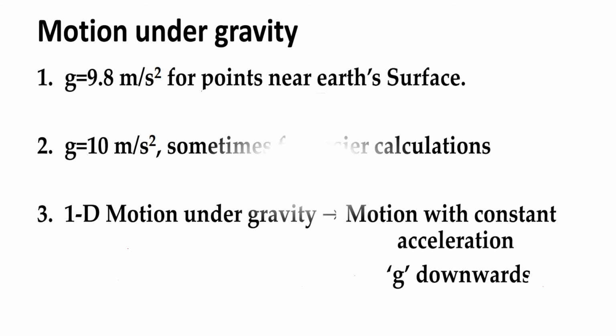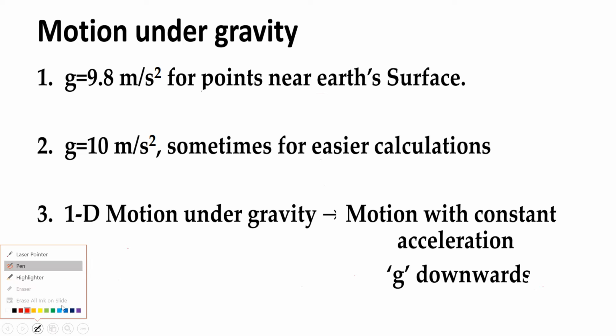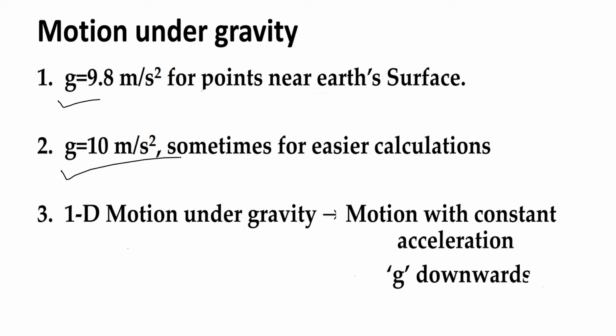Okay, so now let's come to the motion under gravity. Now let's come to the last topic of today's class, motion under gravity. G is 9.8 meters per second squared, everyone knows that. And sometimes we take g as 10 meters per second squared for easier calculation.